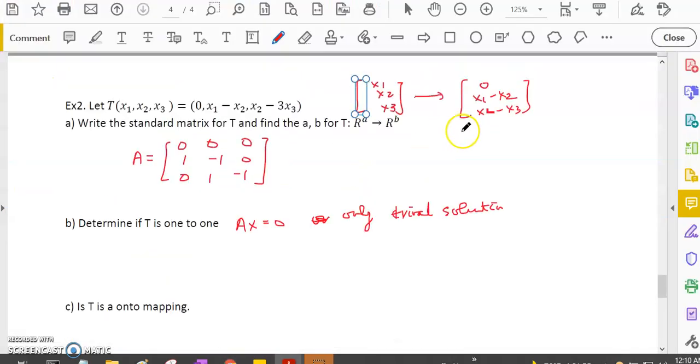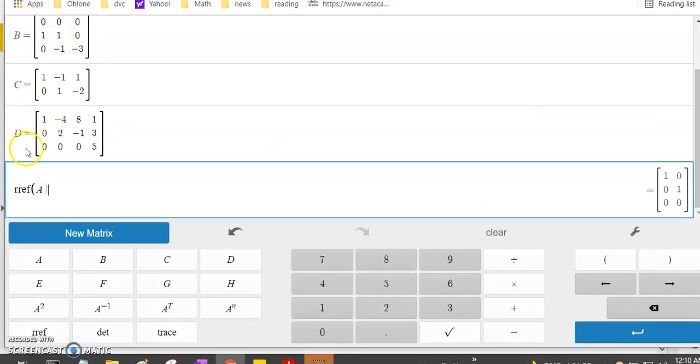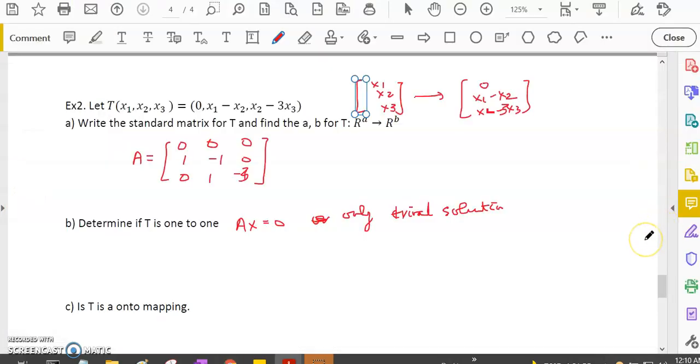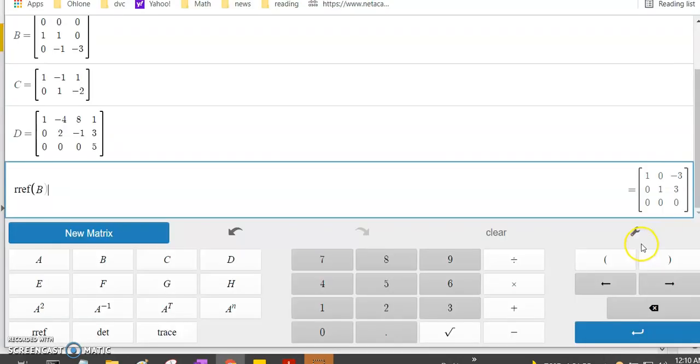Oh, it's actually 3x3, so this should be a 3, negative 3. So I do a reduced row echelon form and I have two pivot columns only, right?